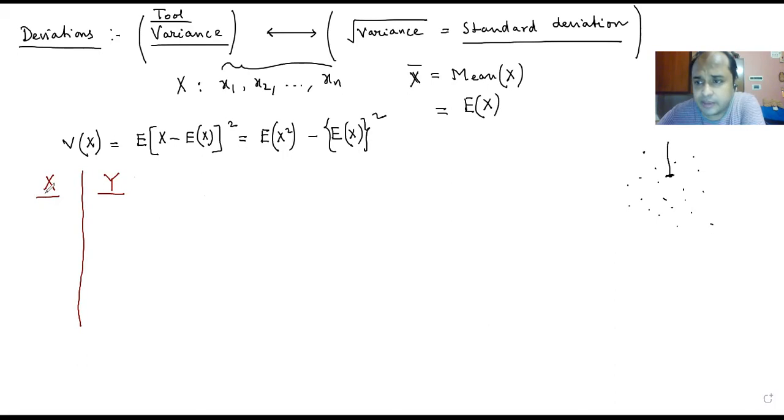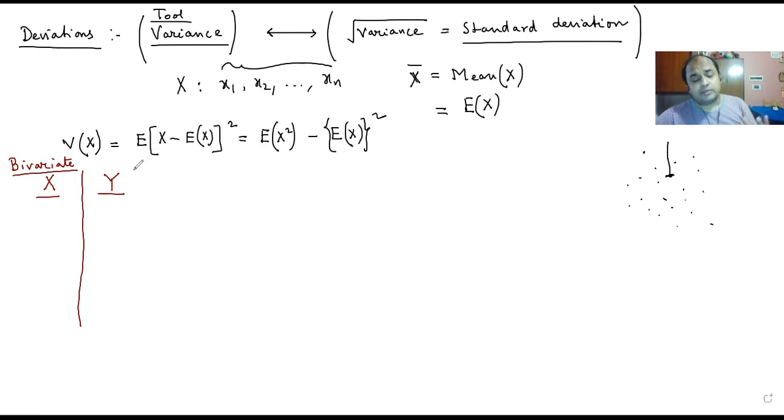Suppose this random variable x is the price of some product at different times, and capital Y may be the demand of this product at different times corresponding to each price. So you have a system where two random variables are there. Such a system is called a bivariate system. Bi means two, and since there are two random variables, we call it a bivariate system.